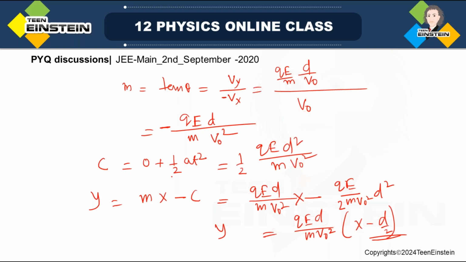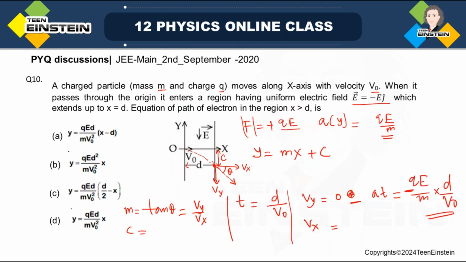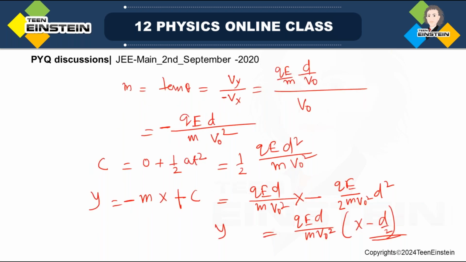And C anyway, you will get a positive sign here. Like this, because the slope is going to be negative here. I just drew it like this, so the slope is going to be negative, so that's why you have to take the slope negative.